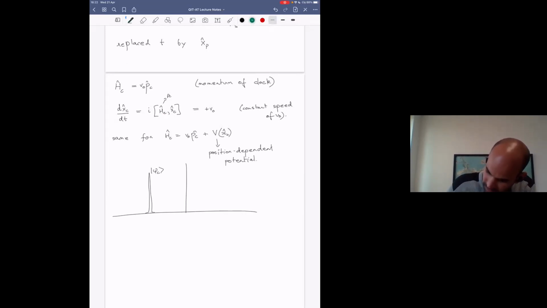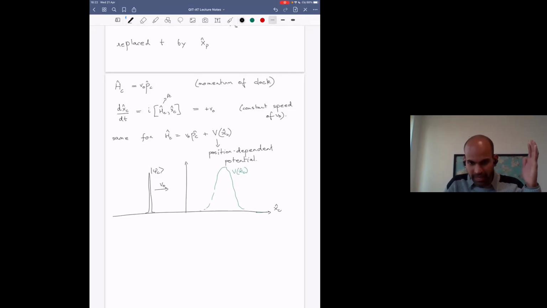And then I have a potential V of x_C that it goes through. So this is x_C. I start the particle at some point in space. It's moving with the speed V0, so it's not interacting with the potential yet.